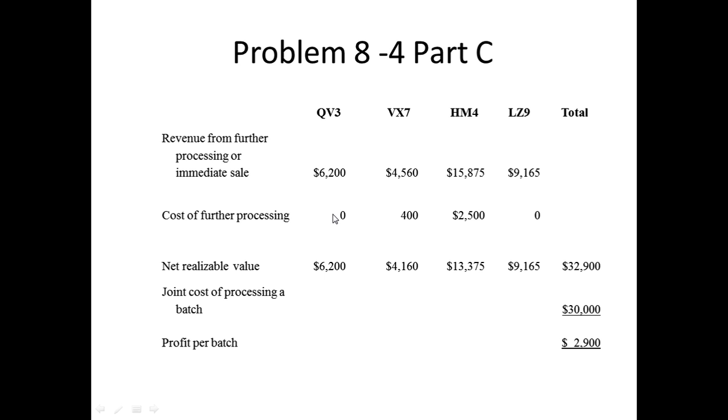Remember that the cost of further processing in the case of QB3 and LZ9 are 0 because we decided not to process them further. The joint cost of processing a batch is $30,000, so the profit per batch is maximized at $2,900.